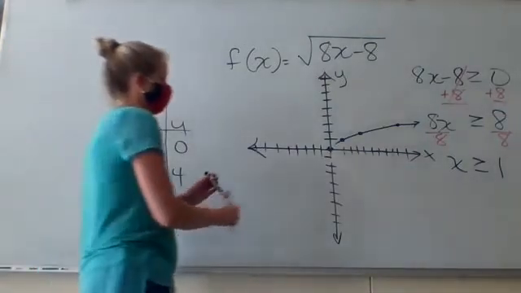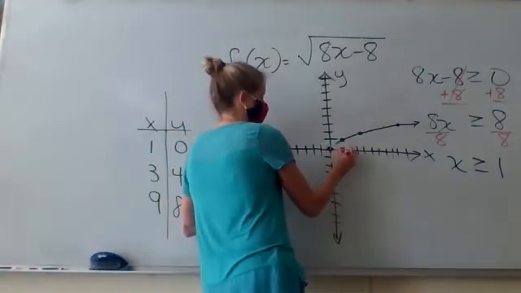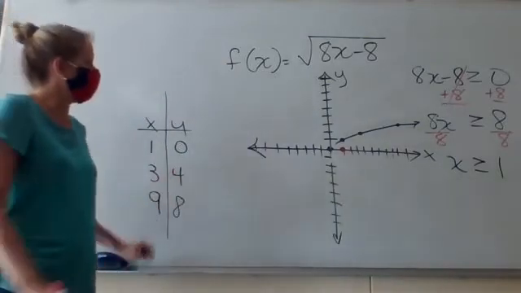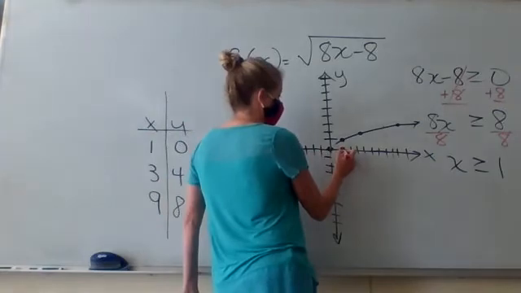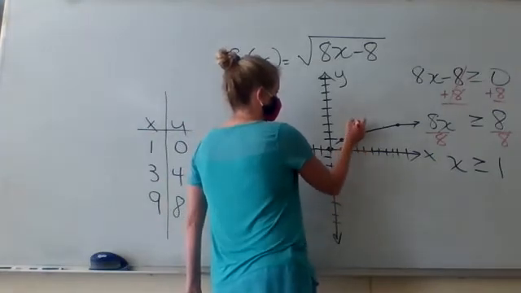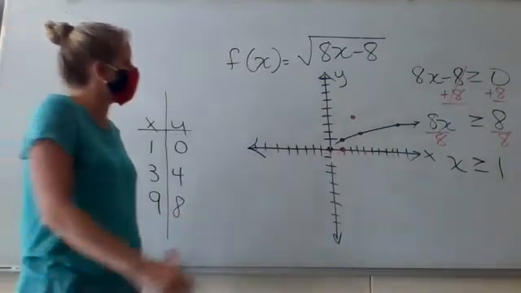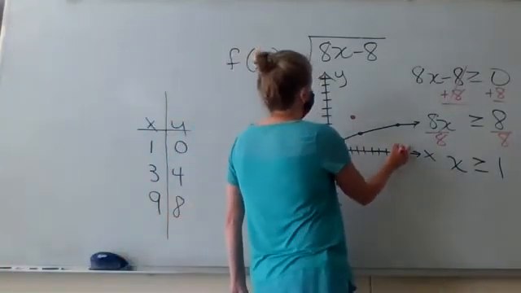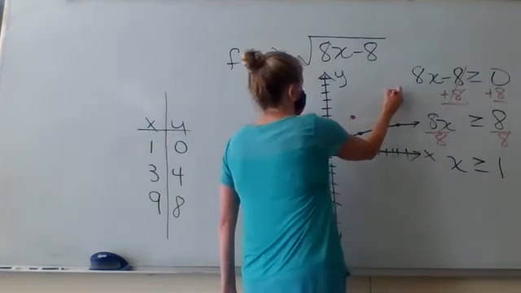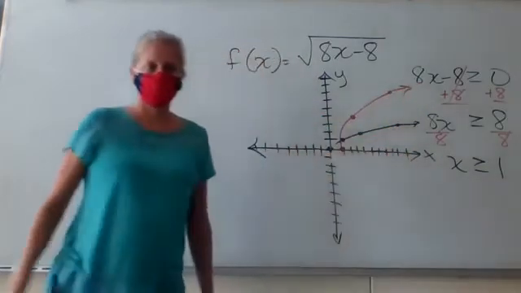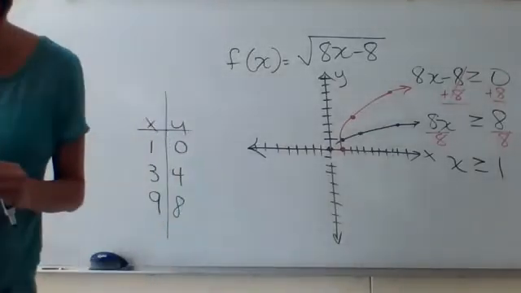So 1, 0: right 1, up and down 0. 3, 4 means go to the right 1, 2, 3, and then up 4. And then the last one is at 9, 8, which means go to the right 9 and then up 8 to draw in.